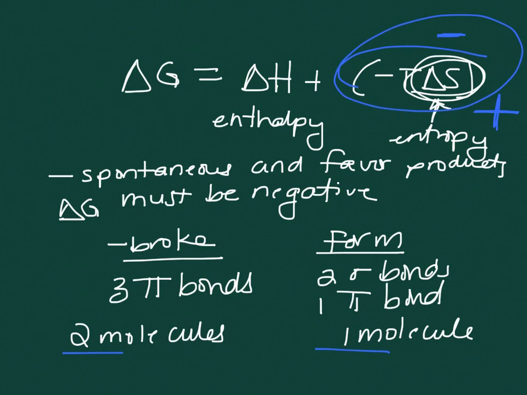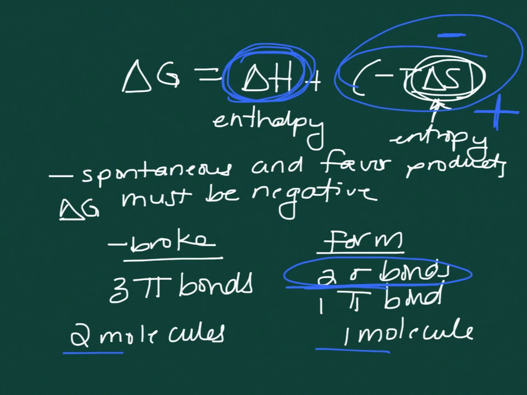In order to have delta G be negative, we have to look at the enthalpy. Now, sigma bonds are more stable than pi bonds. Okay, so that is what allows this reaction to occur. And so if delta H is sufficiently negative, we'll have a spontaneous reaction.